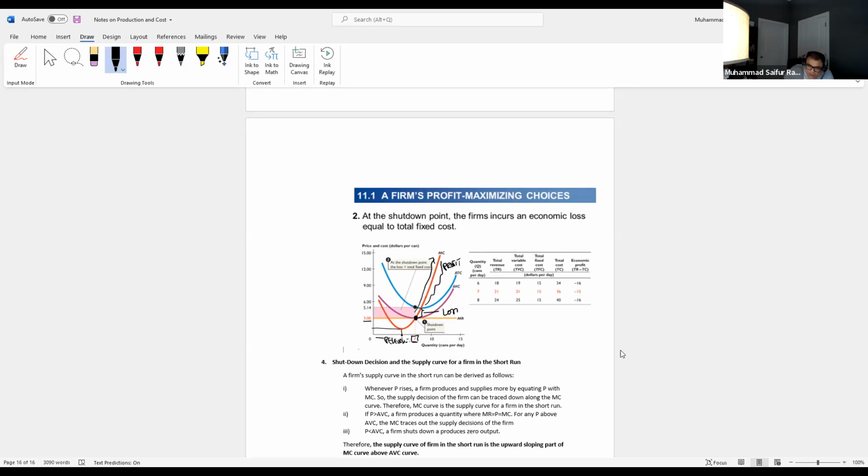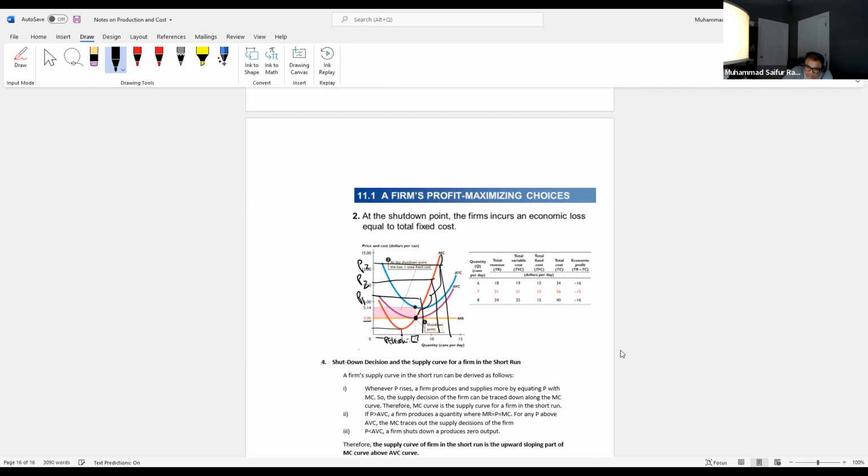If we look at this particular part of the marginal cost curve that starts from the minimum point of the average variable cost curve, we notice that this part of the marginal cost curve shows combinations of price and the output our firm is producing. Our firm is producing at different prices.